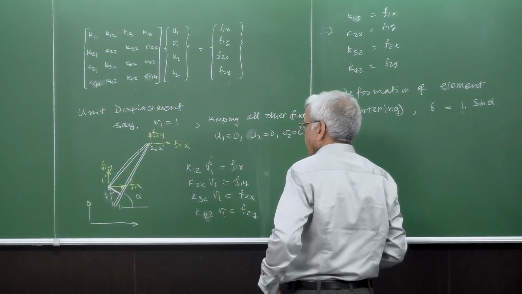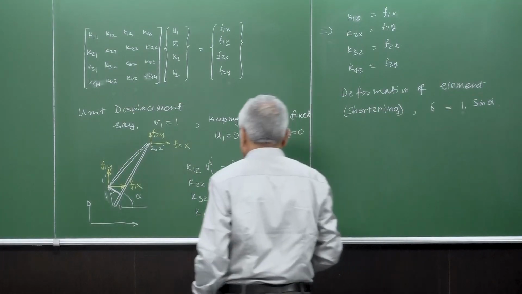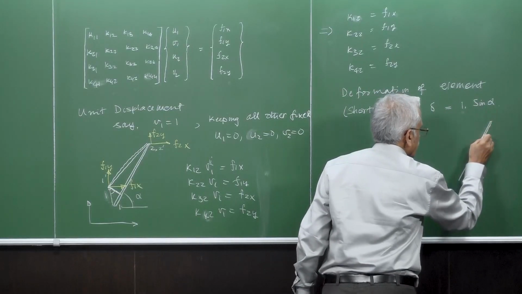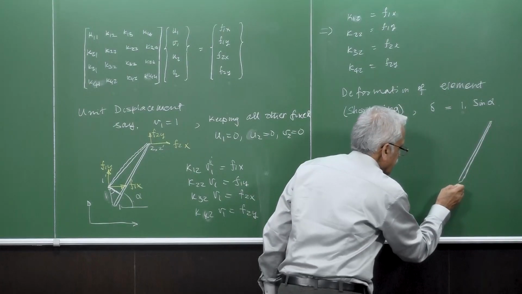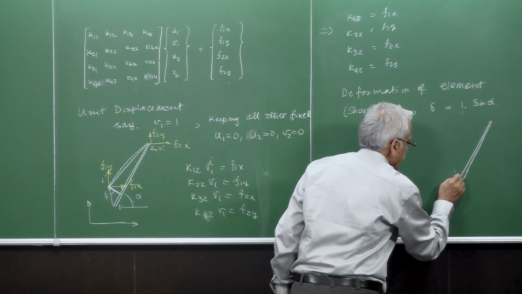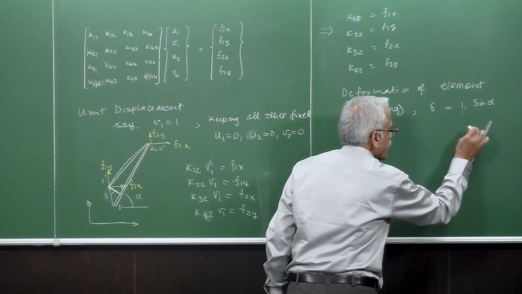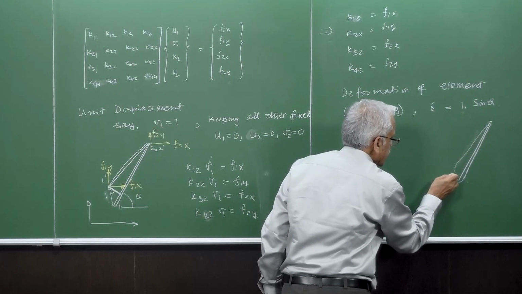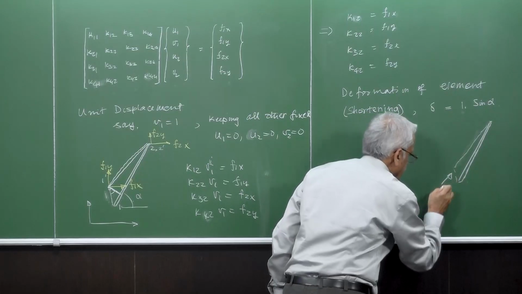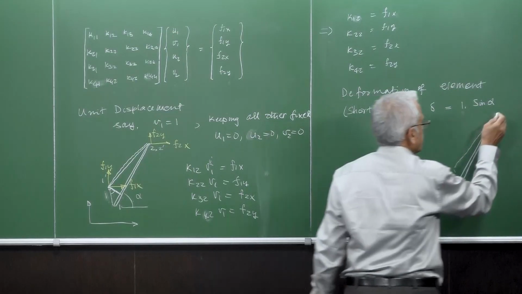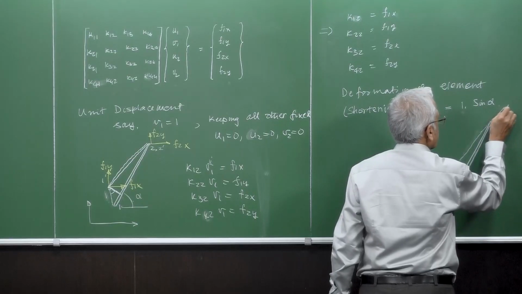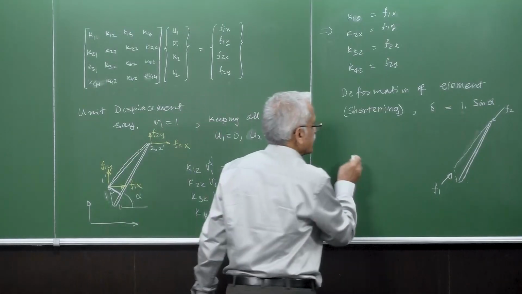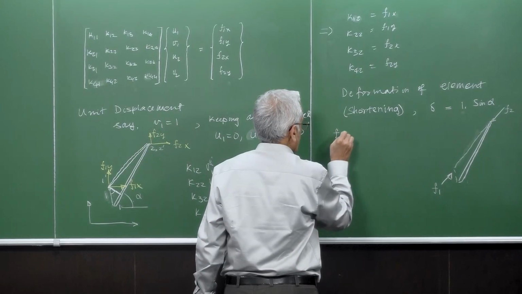So if this is the shortening of the length, I'll draw the figure again. Because of the shortening, it requires a force F1 here and F2 here. These compressive forces necessary here, F1 and F2, are equal. How much is that?